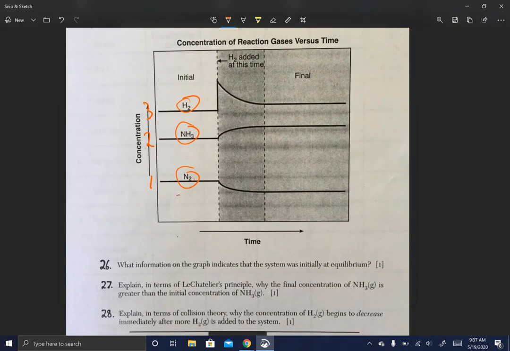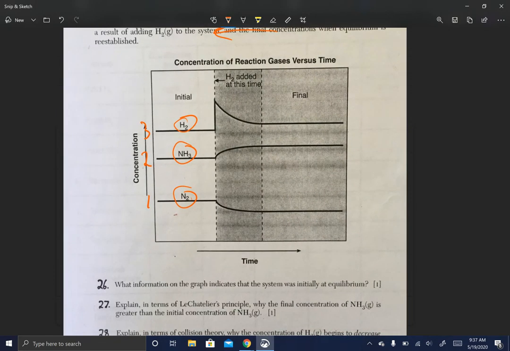Now, in terms of Le Chatelier's principle, why is the final concentration of NH3 greater than the initial concentration of NH3? So if you look at this, what happens is they start out at equilibrium. H2 is added to this reaction. That means H2 spikes.